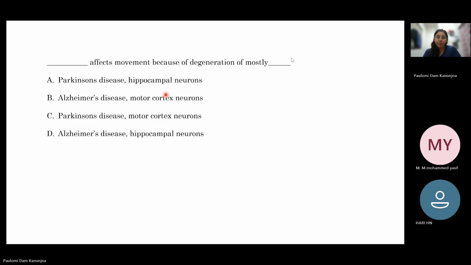Like in the previous one, you had a similar kind of question: affects memory because of degeneration of mostly something. Memory was what told us this is Alzheimer's. So here you have movement. You need to tell me which one is the correct answer here.